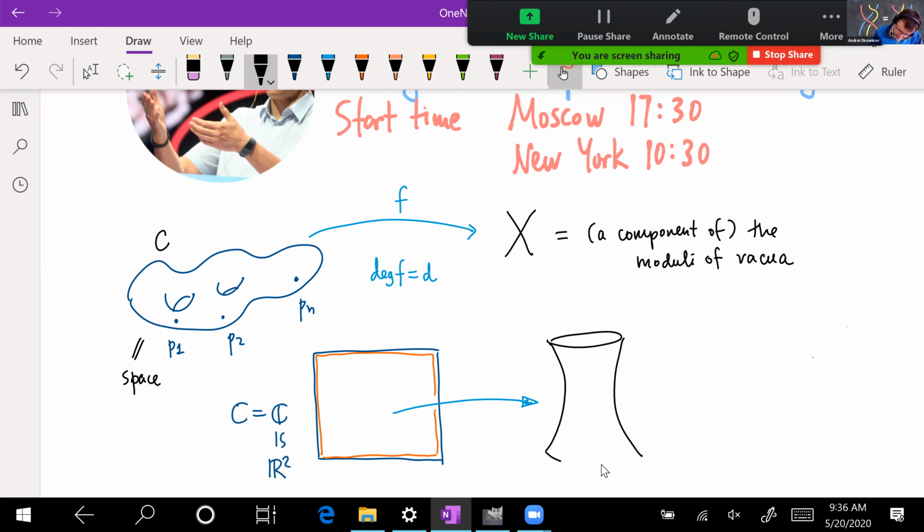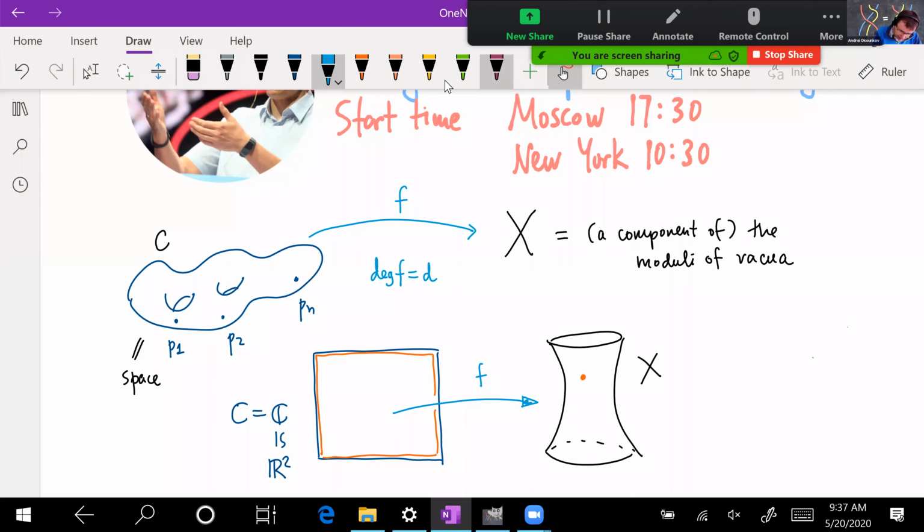So this is my X, and then this whole thing is mapped to one particular point in X. So this is saying I want to study the situation in flat Euclidean space, with the boundary condition that at infinity I'm in one particular vacuum.